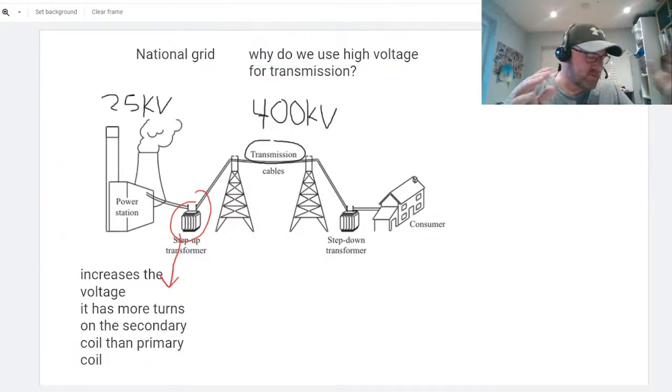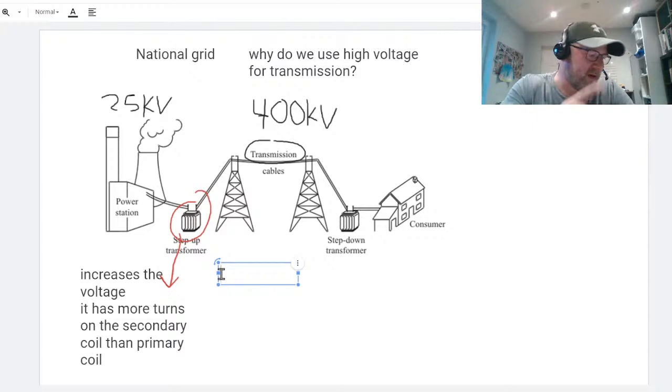Potential difference, really good. Potential difference is voltage, so we're increasing the potential difference or increasing the voltage. Yes, Sophie, it's more efficient. What do we mean by more efficient? Very nice. Lowers the current.